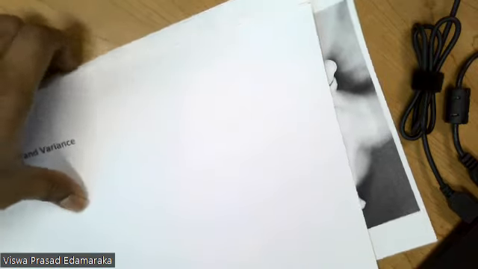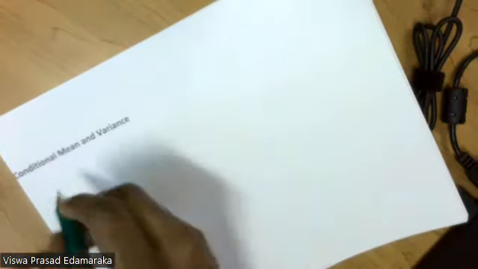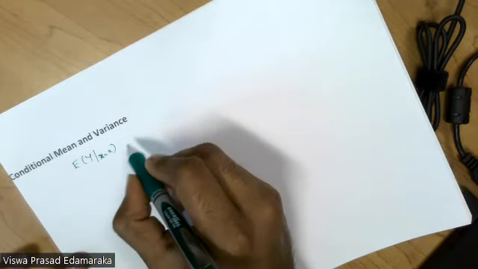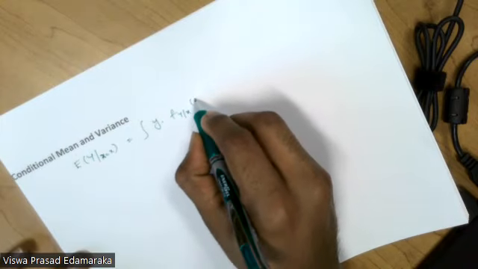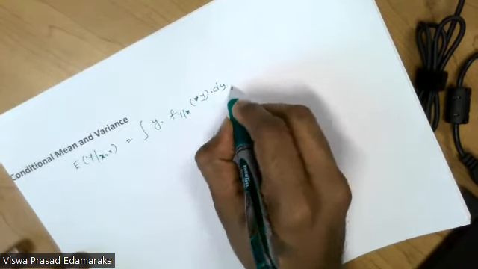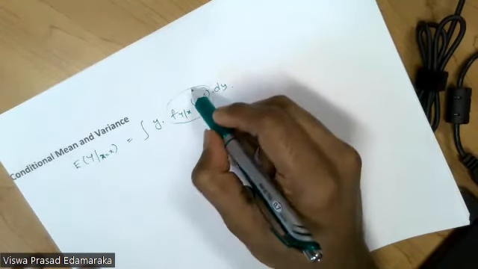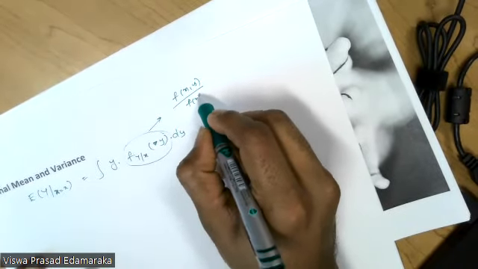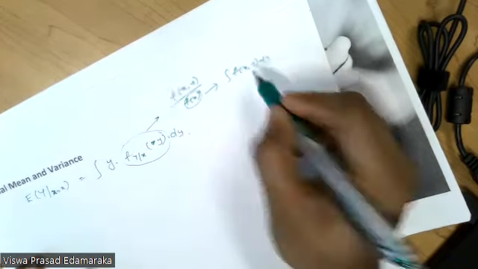The next concept is conditional mean and variance. This is also quite simple if you know the formula. E of y given x equals x is the integral of y into f of y given x with respect to y.